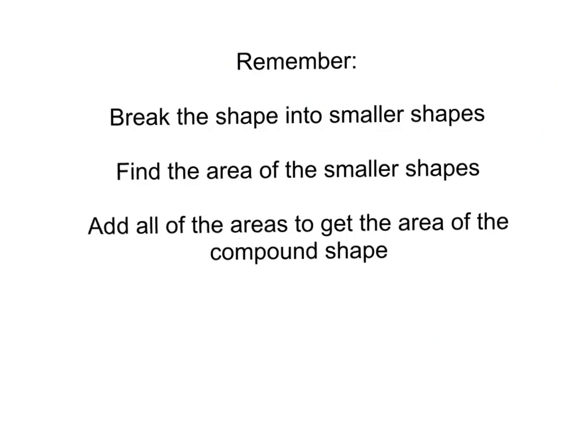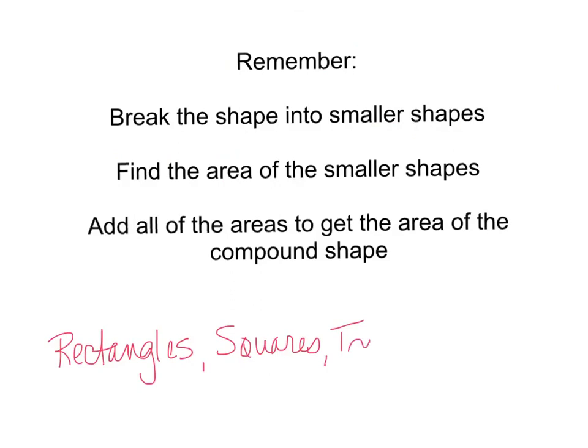So anyway, just remember, take the shape and break it into smaller shapes. Those smaller shapes are rectangles, squares, and triangles. And then you want to find the area of those smaller shapes.